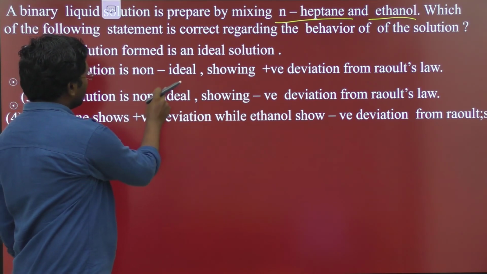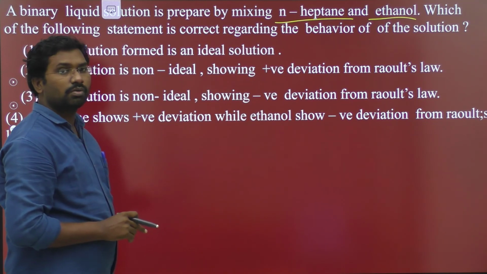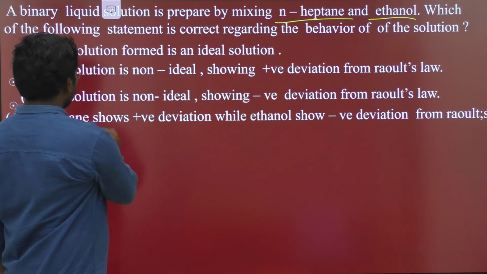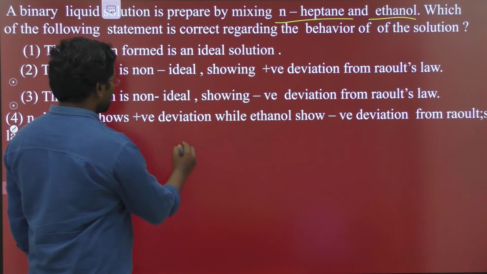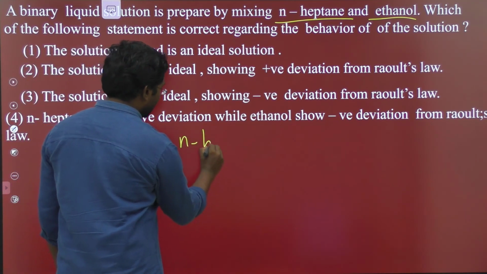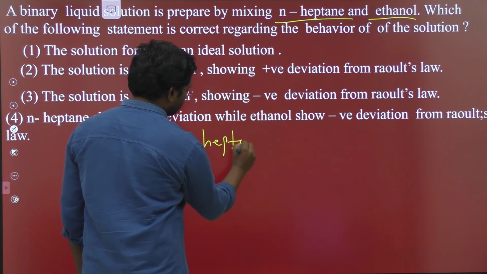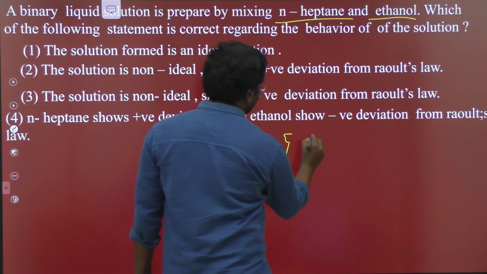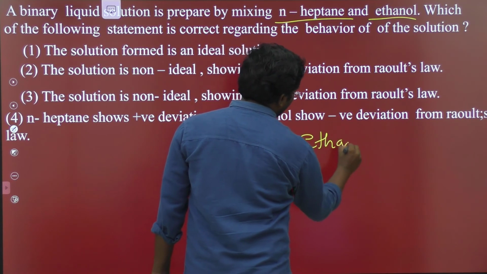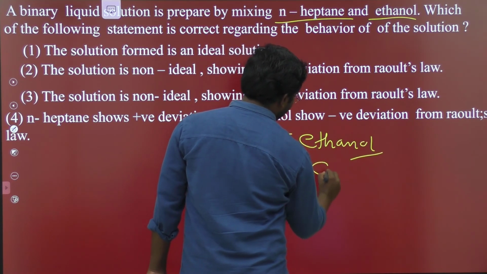The solution is non-ideal, showing negative deviation from Raoult's law. N-heptane shows positive deviation while ethanol shows negative deviation. In case of N-heptane, and ethanol, alcohol, ethyl alcohol.